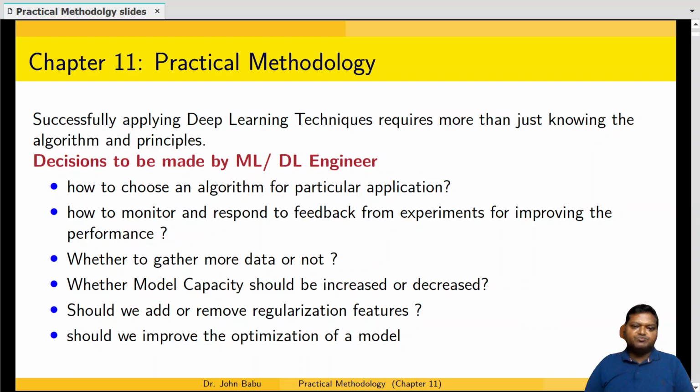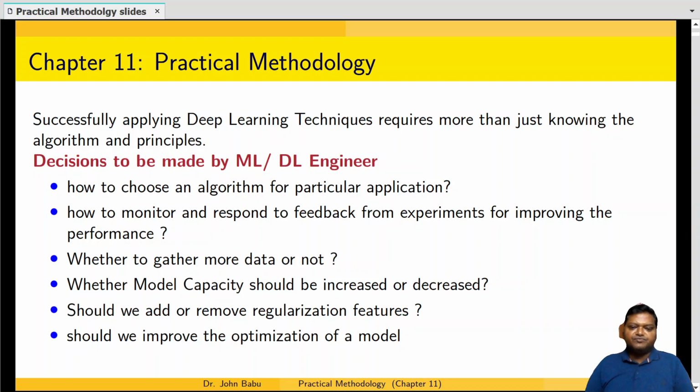There are many algorithms, right? In machine learning, you have SVM, decision trees, linear regression, polynomial regression, and in decision trees we have bagging and boosting algorithms. Then in unsupervised learning, the k-means algorithm, and in supervised learning, the k nearest neighbors algorithm. If it is deep learning, you have CNN and RNN.